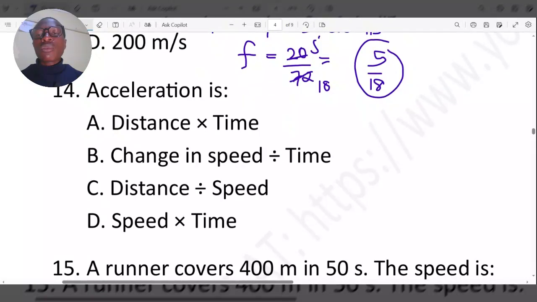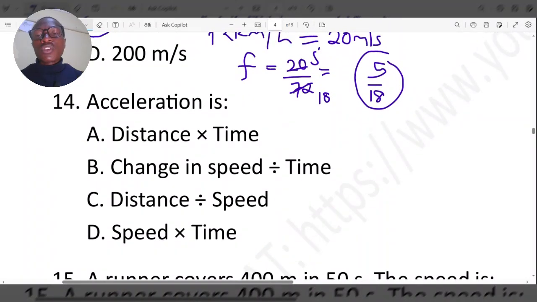So question number 14, we are told acceleration is... we need to also remember that this is the second step. After relating distance with speed, speed equals the change of distance per unit time.